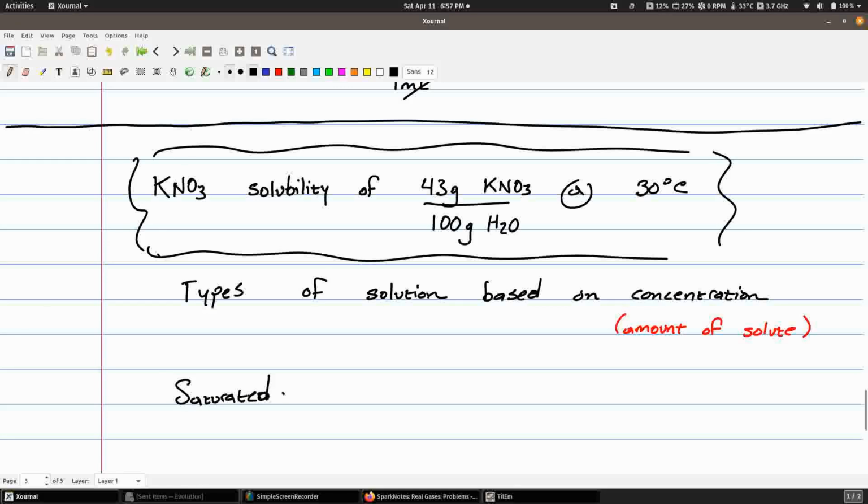So saturated is a solution that has solute and solvent in dynamic equilibrium.